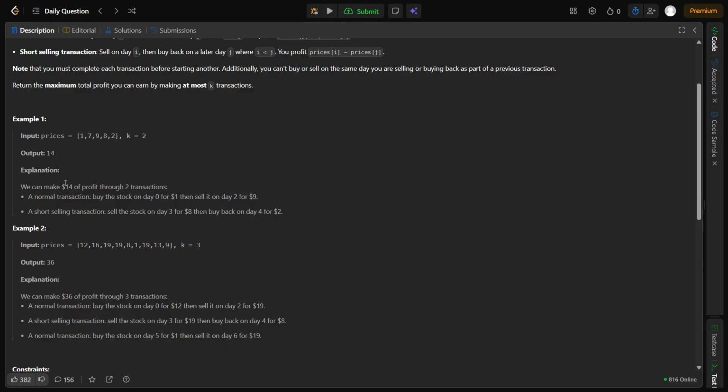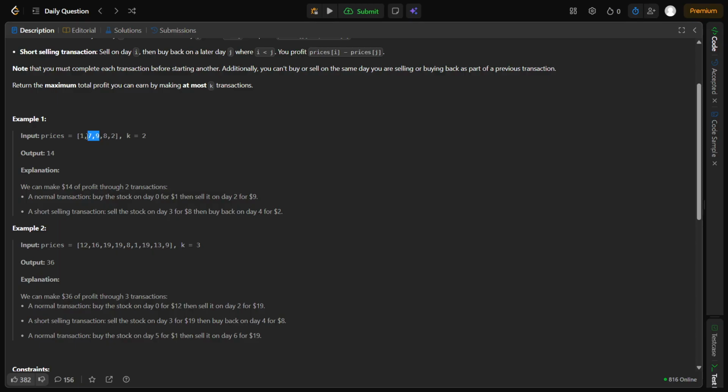The optimal will be if we buy on the first day by paying a price of $1, and then we sell it on, I mean not on the ninth day, but the third day at the price of $9.